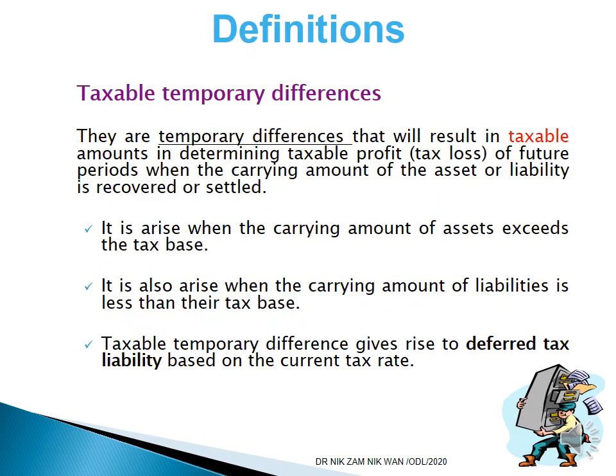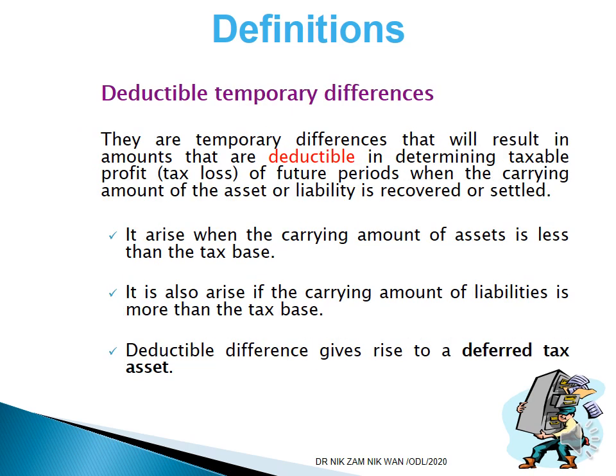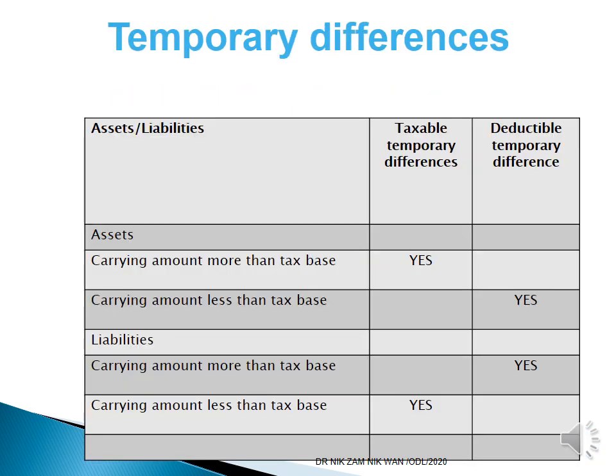You can refer back to this definition in order to recall what we are going to use in the calculation. So this is a summary of what we mentioned, the higher carrying amount or lesser carrying amount in deferred tax accounting.